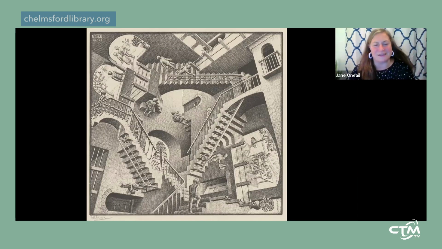He's always interested in the math and science. So with Relativity, he invites us into this space that's occupied by all of these faceless figures, these like mannequins, invites us in with this figure at the bottom in the foreground who's walking up this initial set of steps. To the side, we can see a whole world that exists on a different axis, really.